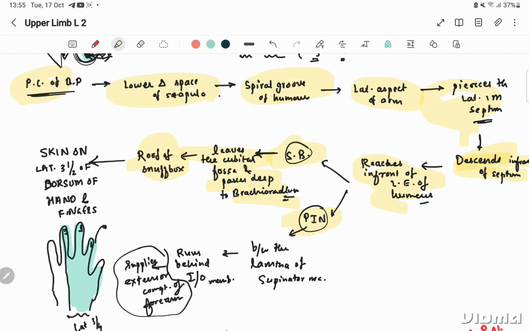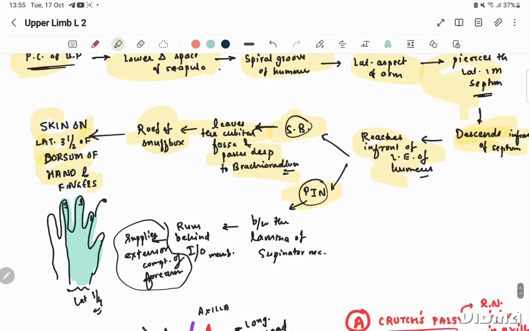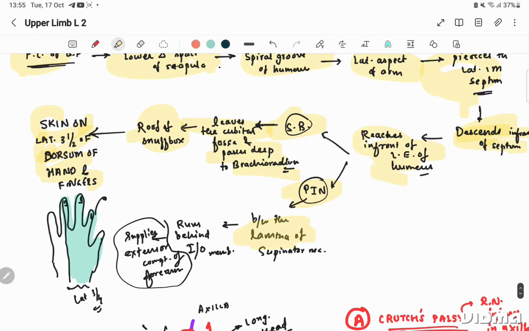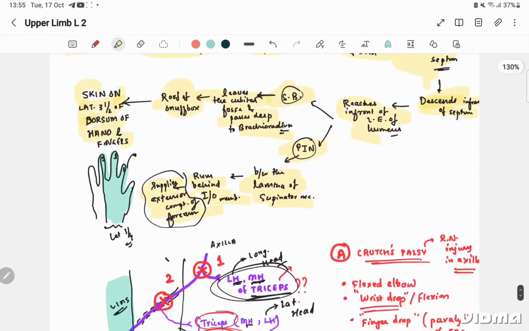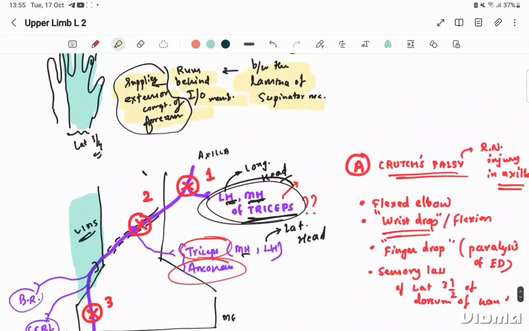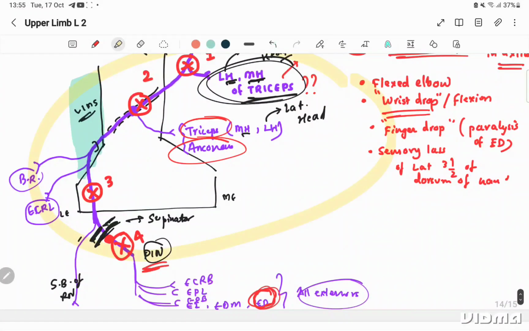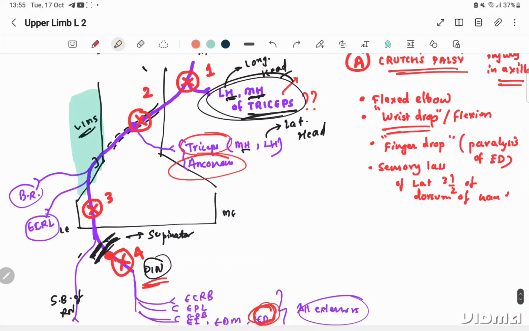Then it appears on the roof of the snuffbox and supplies the skin on the lateral three and a half digits, dorsum of hand and fingers except the nail beds. And the PIN passes between the laminae of the supinator muscle, runs behind the interosseous membrane and supplies the extensor compartment of the forearm. So this is the whole part, and the branches I have discussed already.